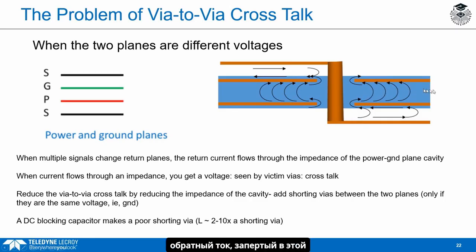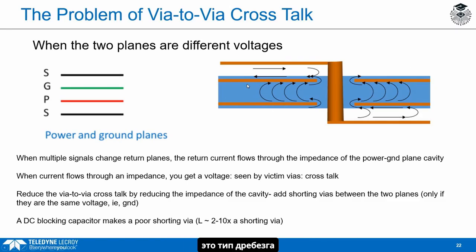And that means I have return current now trapped in this cavity between the 2 planes. And it's going to propagate. And as it propagates through that impedance, it generates noise between those 2 planes. And any other signal that also passes through those 2 planes is going to see that voltage noise of the planes as part of a signal path. It's a type of ground bounce.